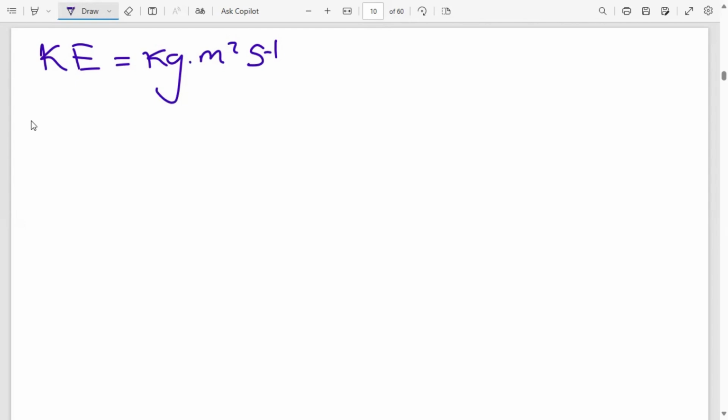It can be written in terms of momentum and mass as Ke is equal to momentum squared over 2m, of which 2 here is a constant, as you can see. So to determine the proper units of momentum, what are we going to do? We're going to use the units that we've been given here. So what is the SI unit for momentum? That is what we are trying to look for here.